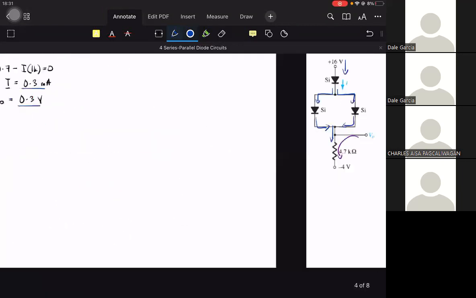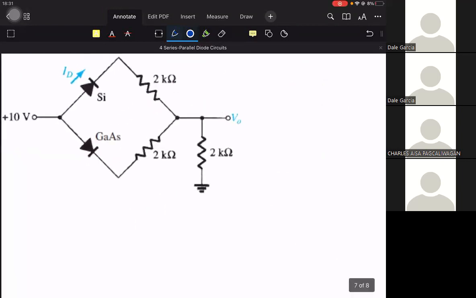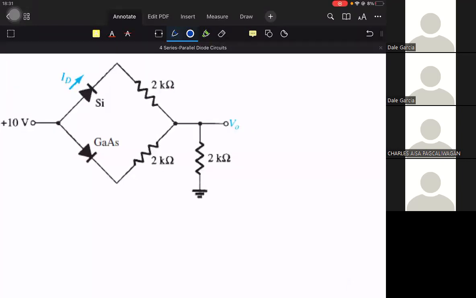This one also has silicon and gallium arsenide in parallel. But if we compare it to that circuit, what's the difference? What difference did you observe?